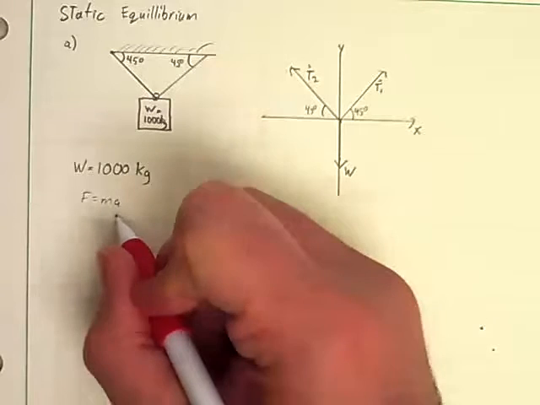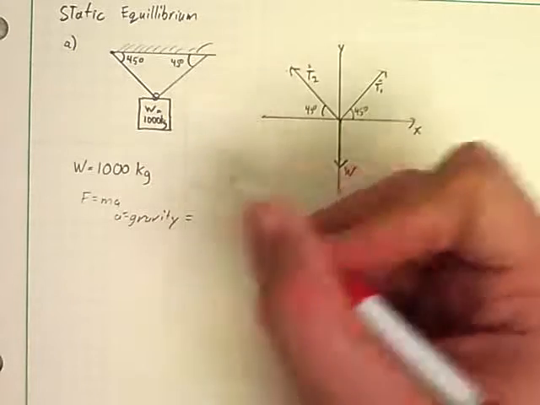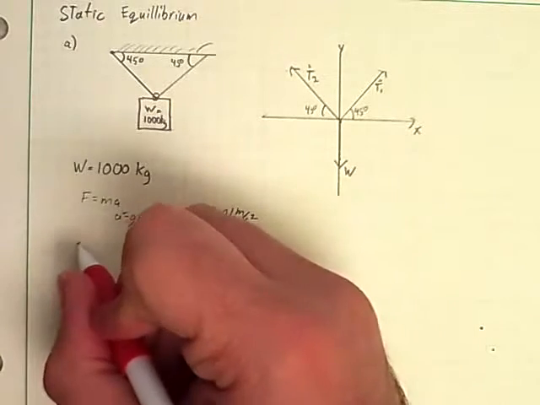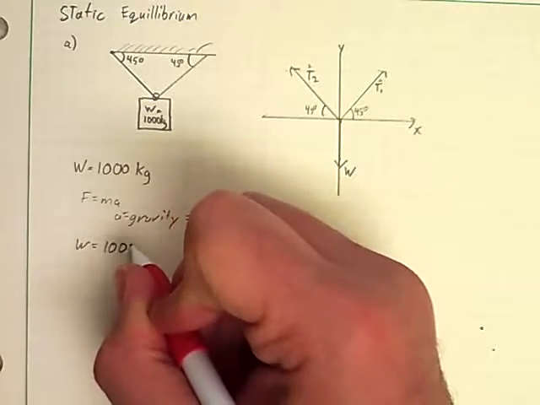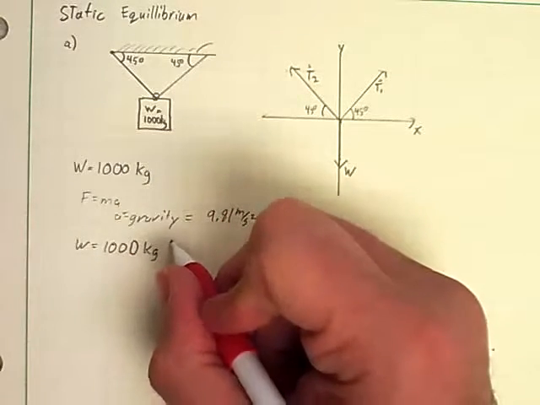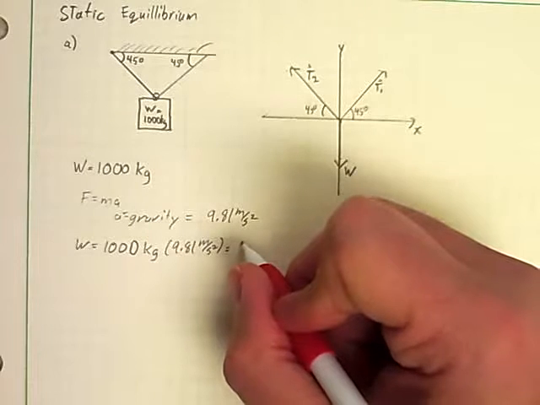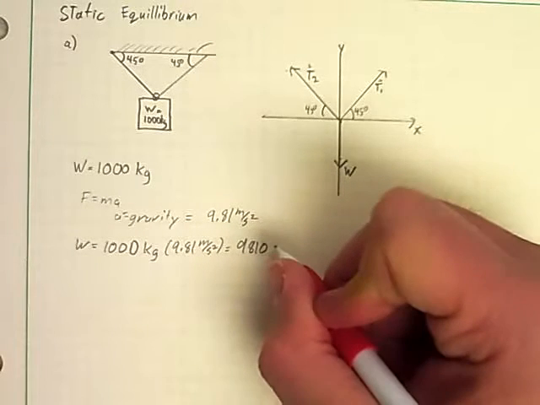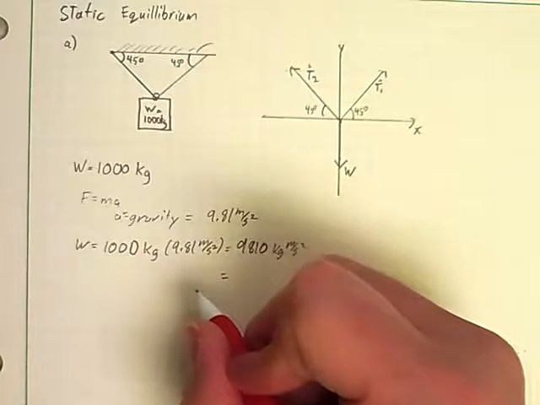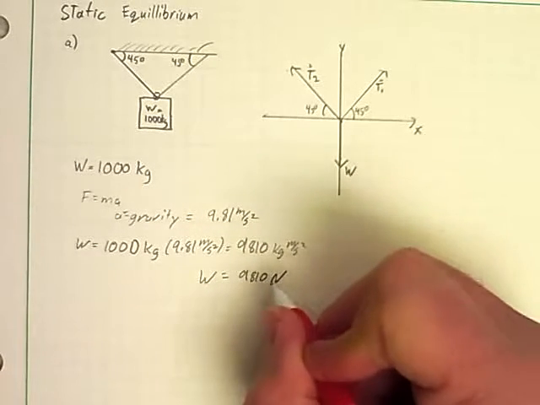In this case, what's pulling it down is gravity, so the acceleration is 9.81 meters per second squared. So our weight is a 1,000 kilogram mass times 9.81 meters per second squared, which gives us 9,810 kilogram meters per second squared. And of course, kilogram meters per second squared is a newton. So our weight is 9,810 newtons.